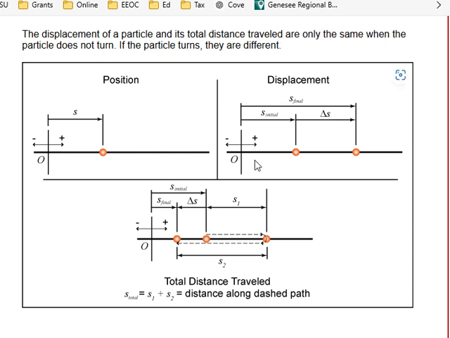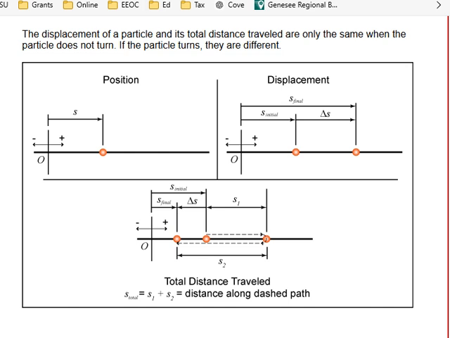Okay, so the key is the displacement and the total distance traveled are the same when the motion happens in a straight line without changing direction, meaning there are no turns. So if you turn around at a point, total distance is always going to be greater than your displacement.